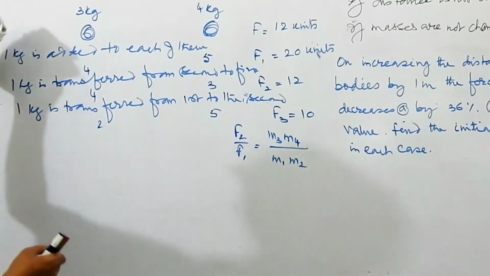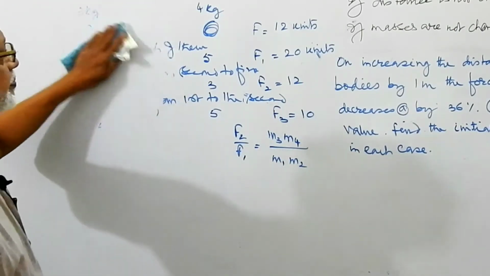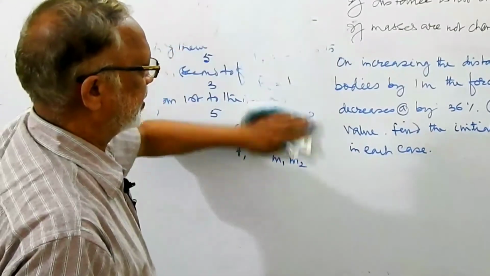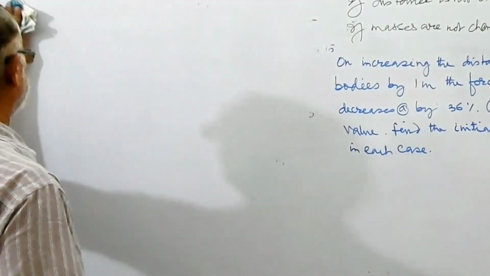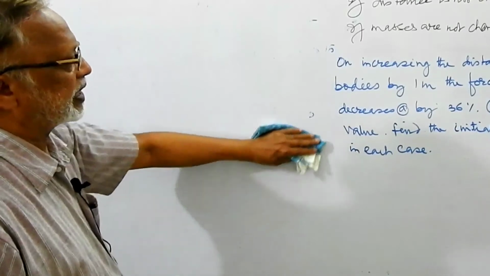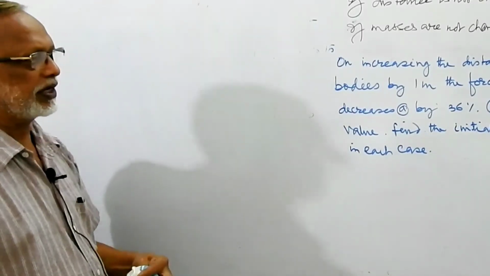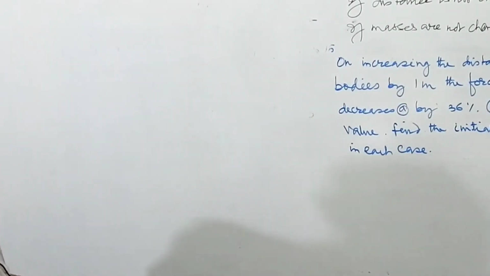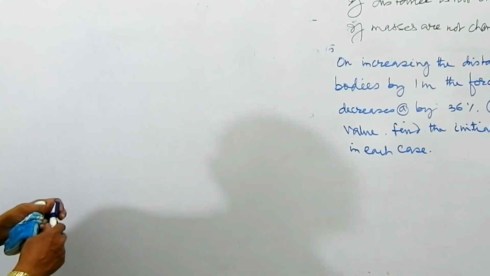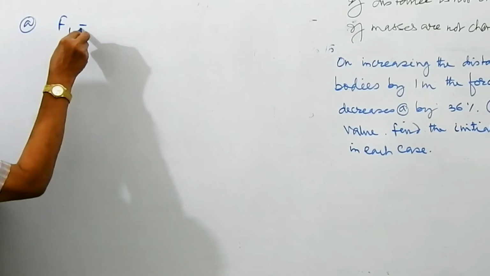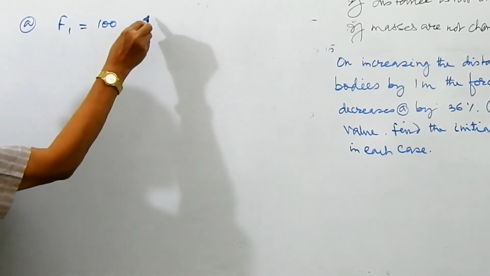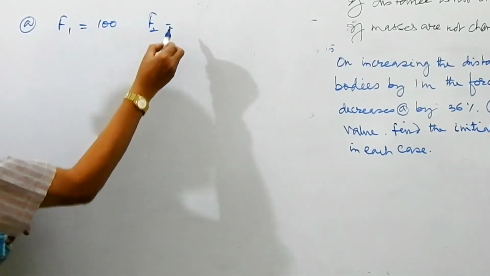Now let us consider part A first. Whenever you get any problem involving percentage change, you can take the initial value as 100 without any worry. So in part A, F1 is equal to 100. F2 is how much?